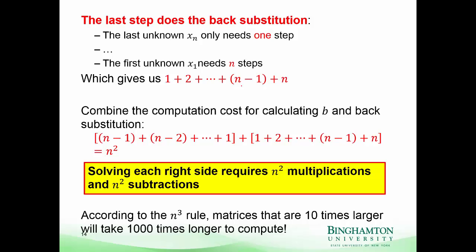Now that might not seem like very much, but if you had that 10 by 10 matrix and you could do it in a second, you're going to do the 100 by 100, just 10 times bigger, in 1,000 seconds. That's a fairly long time. So we went from 1 second to 1,000 seconds.